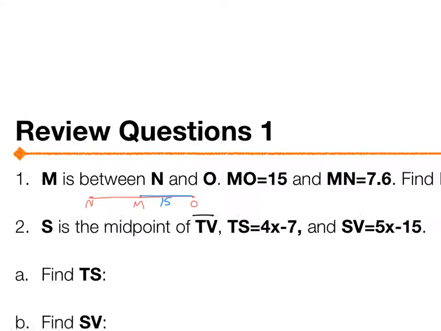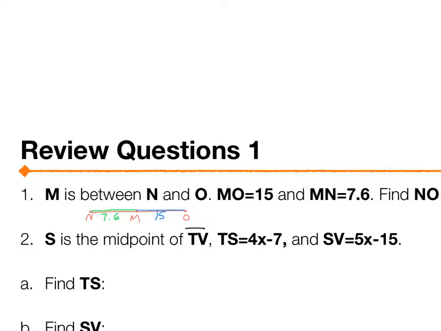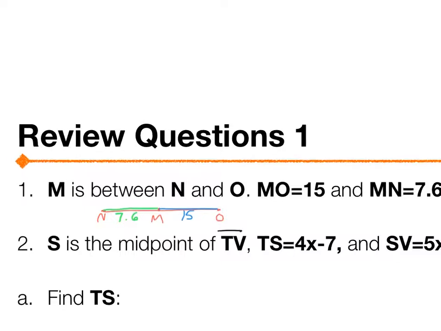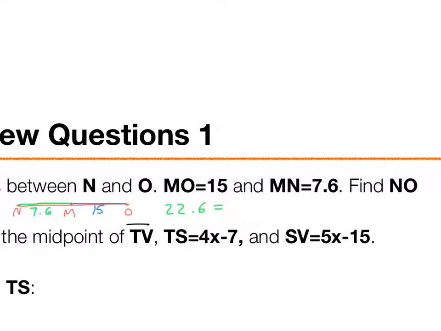And MN, this length here, would be 7.6. Find NO. So what do we do? Add them. So this would be 22.6 is equal to the length of NO.